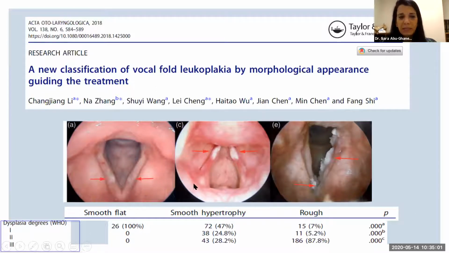And as we all expect, smooth and flat leukoplakia lesions have a lower rate of malignancy compared to rough or hypertrophic lesions. So obviously, if someone comes to clinic, we have a higher degree of suspicion if we see those rough leukoplakia lesions compared to the smooth, flat ones.